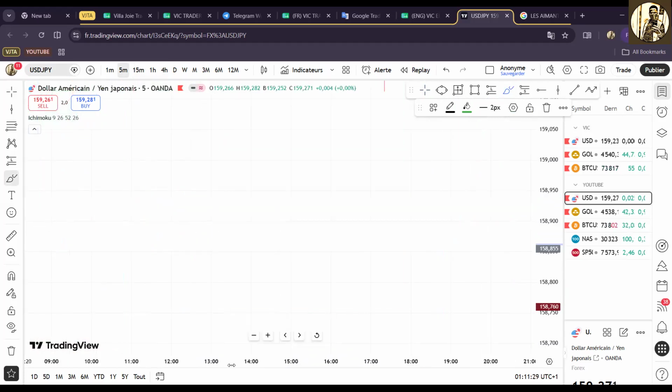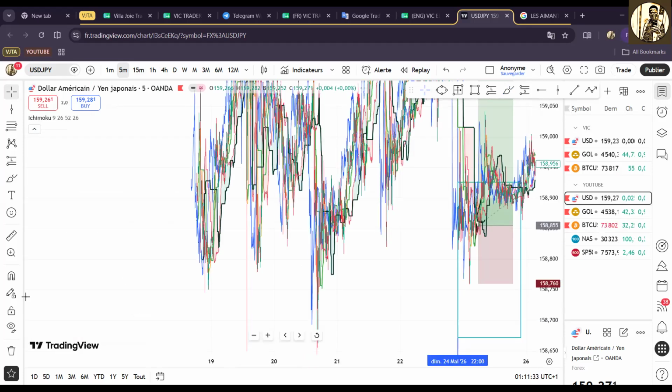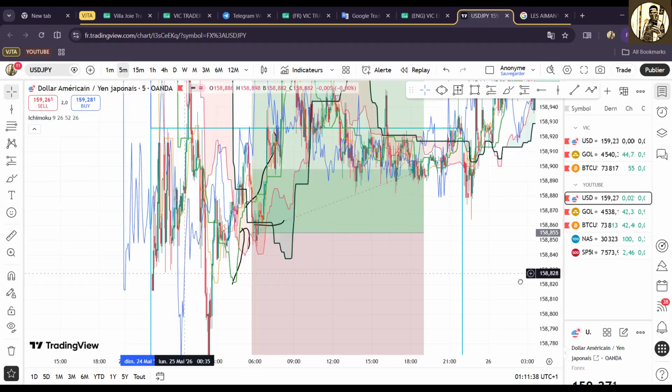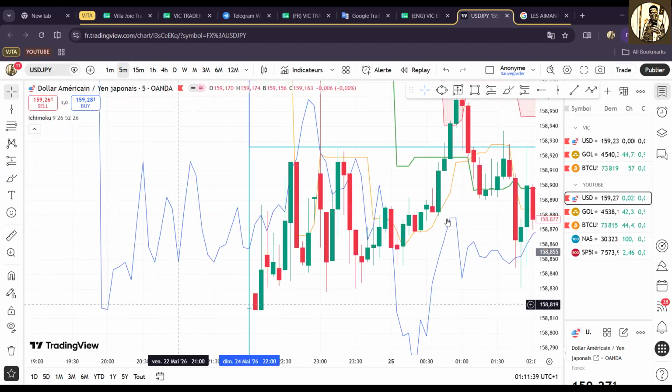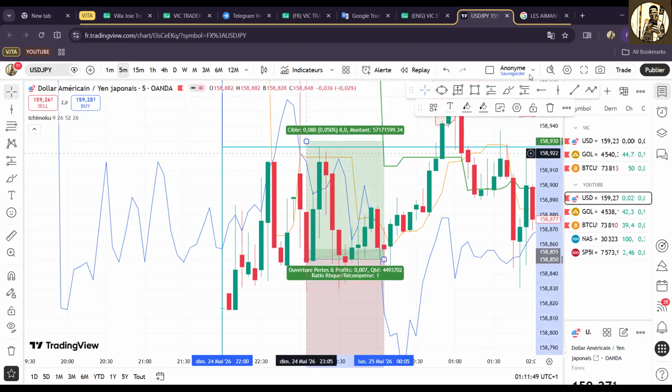But if you go on 5 minutes, you will see that the entry on 5 minutes, if you take your first Tenkan inverted to the upside in 5 minutes, for example, this one here, this is the first Tenkan inverted here, right?